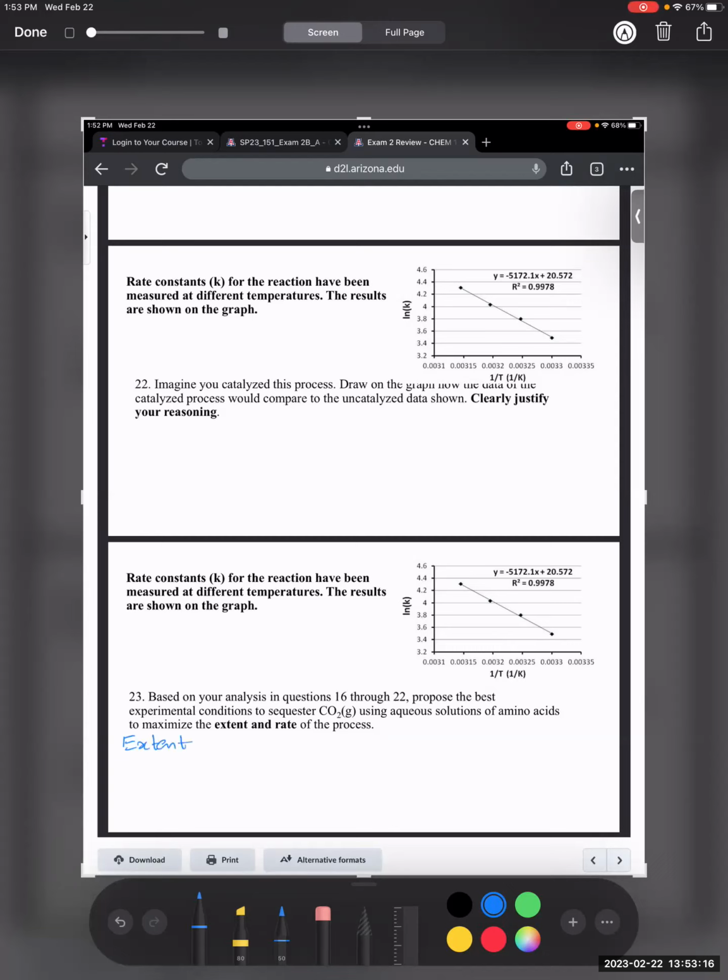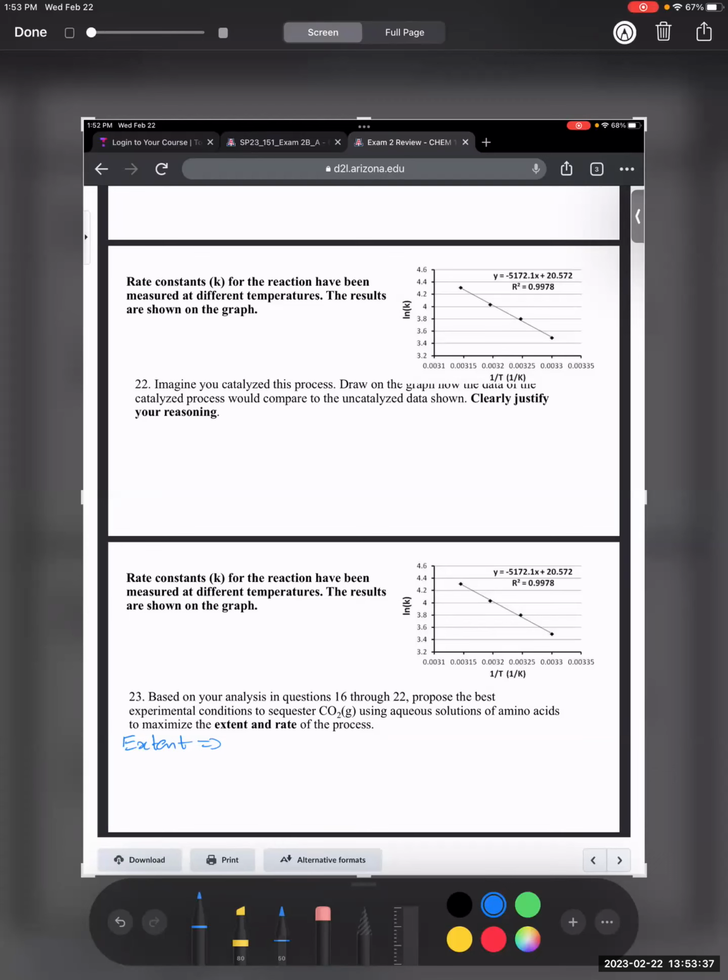Extent-wise, what we can do is make the reaction product favored. So for extent, we need to decrease the temperature.